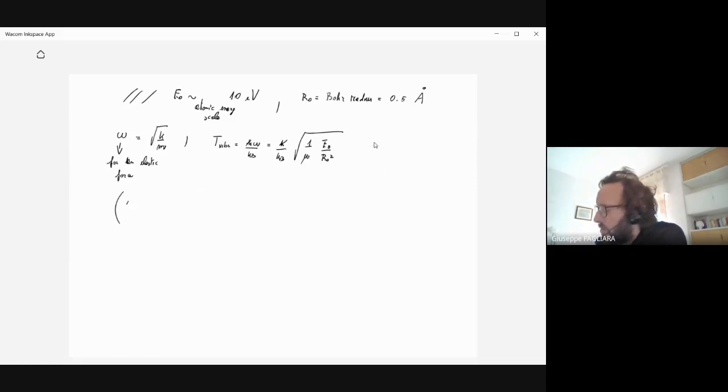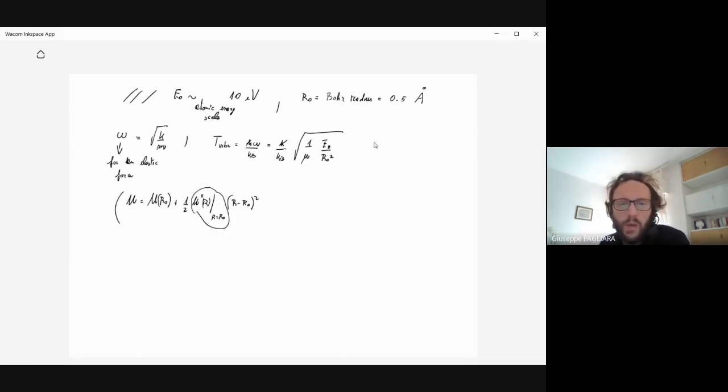This is because the potential contains a term that was U of R0 plus a vanishing term plus 1/2 U second derivative of U with respect to R computed in R0 times R minus R0 squared. So you see this number here plays the role of the elastic constant, and this was E0 divided by R0 squared. So by comparing with the standard formula for a classical harmonic oscillator, omega must be this number here. Now, okay, good.